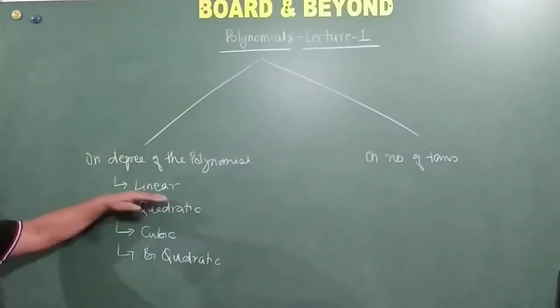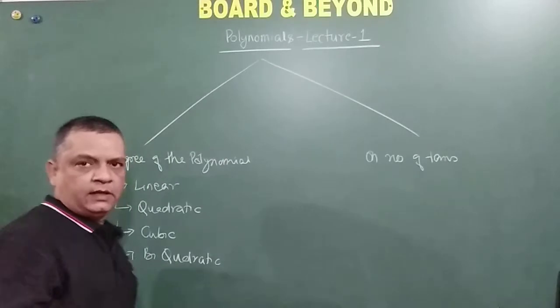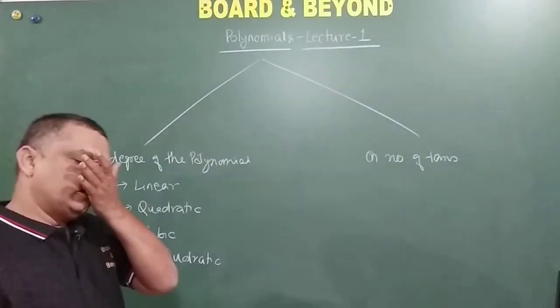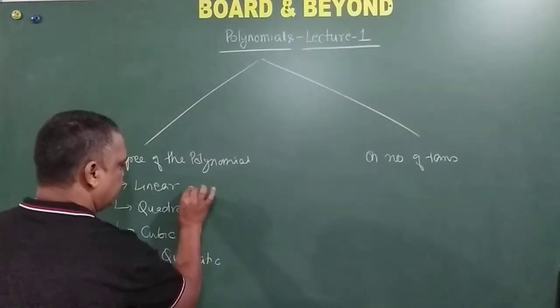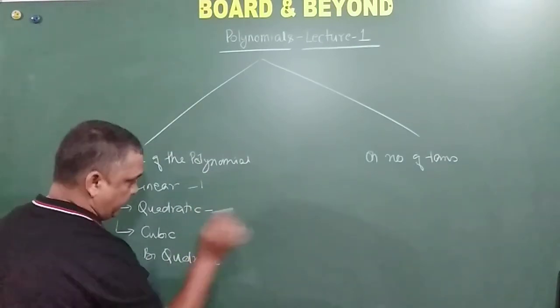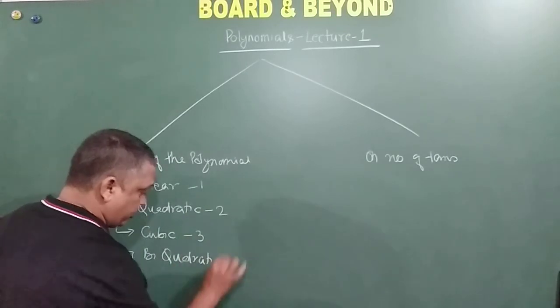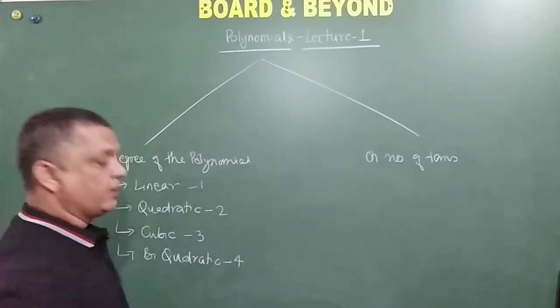Okay, so a linear polynomial, any polynomial of multiple terms, which has the power of the variable as 1, is called linear. Power of the variable 2, maximum I am talking about, is quadratic, maximum 3 power is cubic, maximum 4 power is biquadratic.